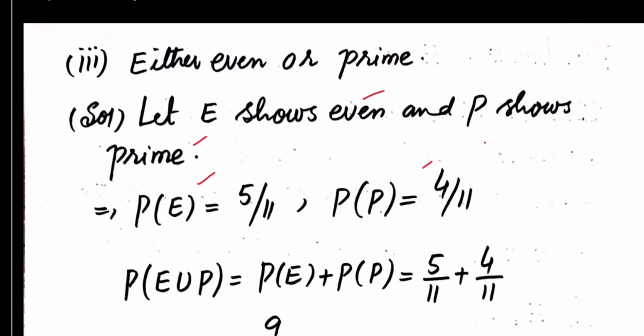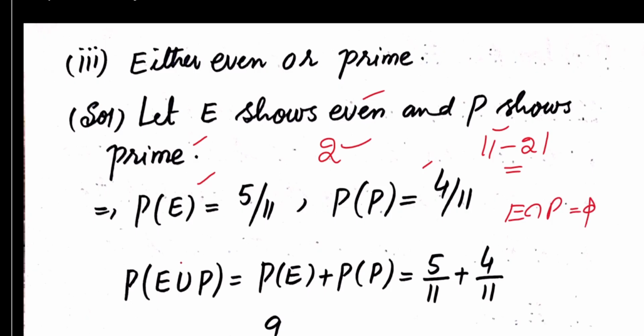In this range from 11 to 21, there is no prime number which is also even. You know, there is only one prime number that is even. This is 2, and 2 is not in this range. So it means there will be no intersection. E intersection P is the empty set.